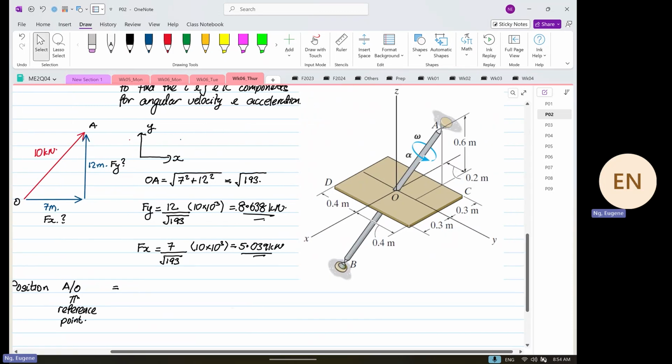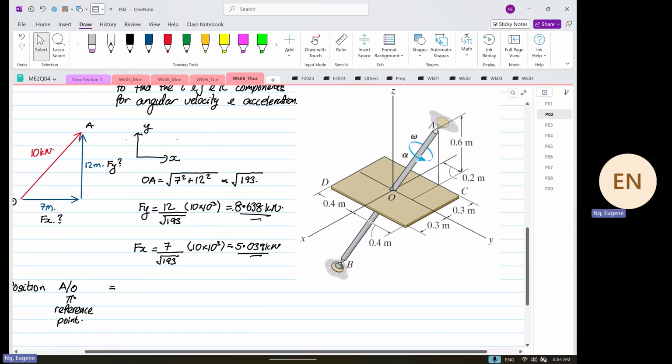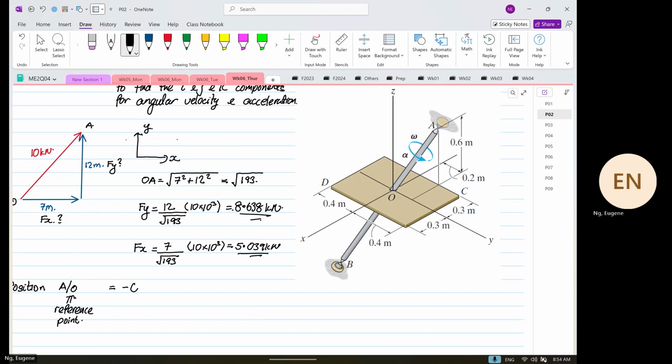So we are going to use I, J, and K coordinate. So by looking at the diagram, the I is minus 0.3 I. The J is plus 0.2. And the K is plus 0.6 K.